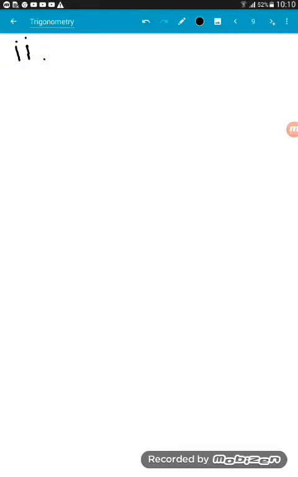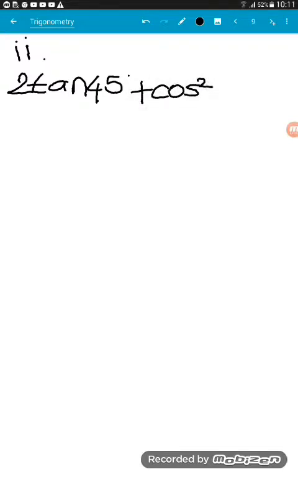It says 2 tan 45 degree plus cos square 30 degree minus sin square 60 degree. Now 2 tan 45 is nothing but 2 into 1, since tan 45 is nothing but 1.